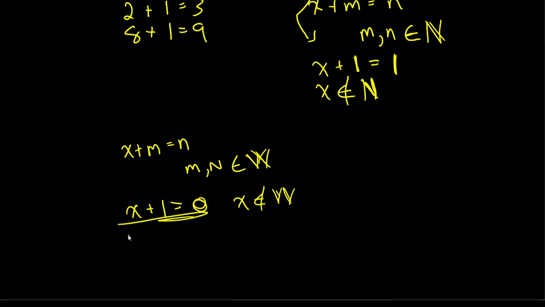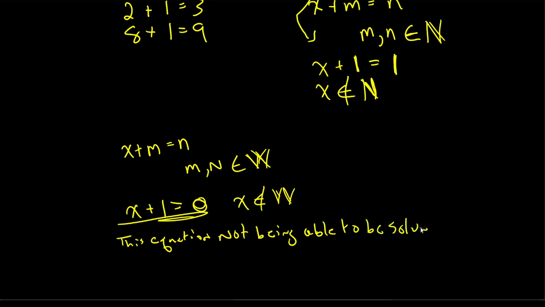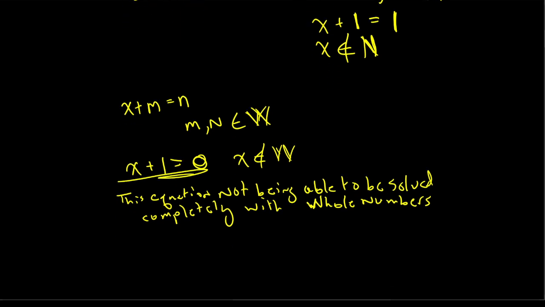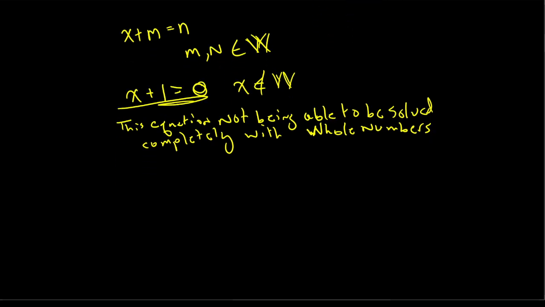Basically, the problem of this equation not being able to be solved completely with whole numbers makes us create new sets of numbers. And we're going to work our way through sets of numbers to get an idea of why we end up creating different number sets and some of the problems that were introduced or solved with them.